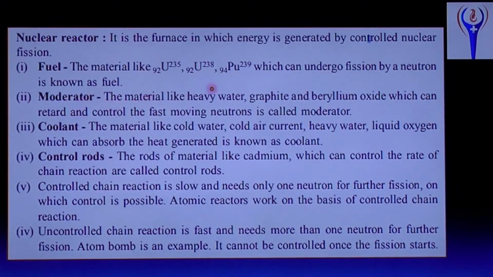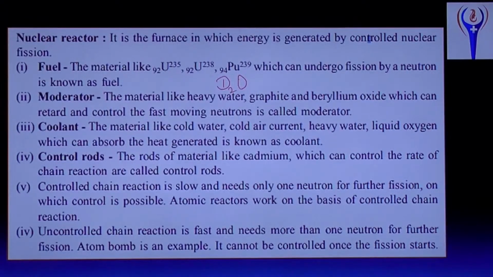Moderator: a moderator is a material like heavy water, graphite and beryllium oxide that can retard and control the fast moving neutron. The neutron speed will be reduced or controlled. Examples: water, graphite, beryllium oxide, etc. What is the molecular formula of heavy water? D2O, deuterium oxide.